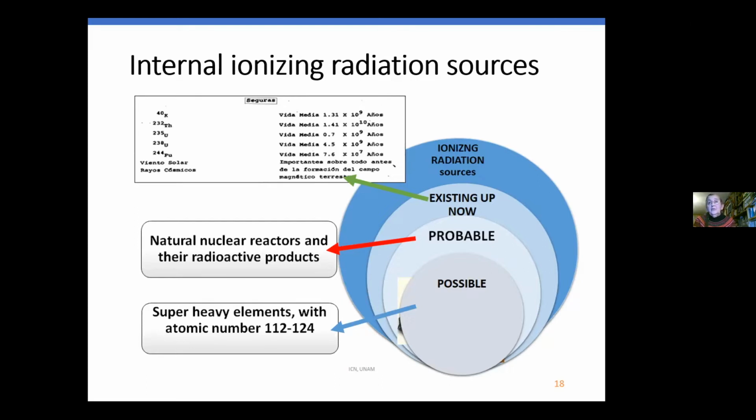Another group are probable sources, the natural nuclear reactors and the radioactive products like the Oklo phenomena. And the third group are the possible sources, the super heavy elements with atomic number of 112 to 124.